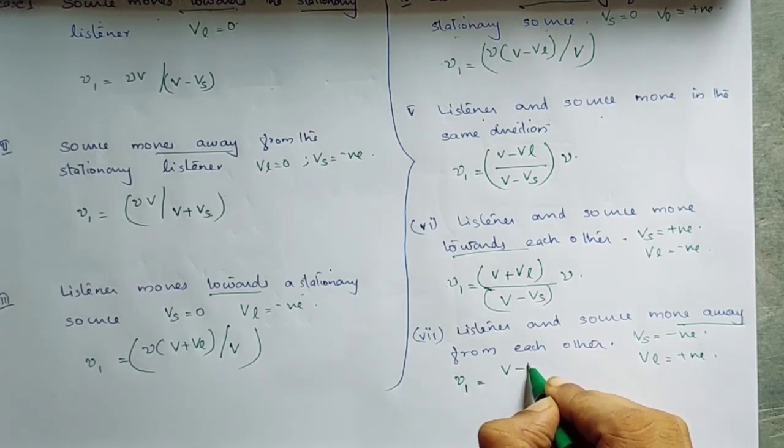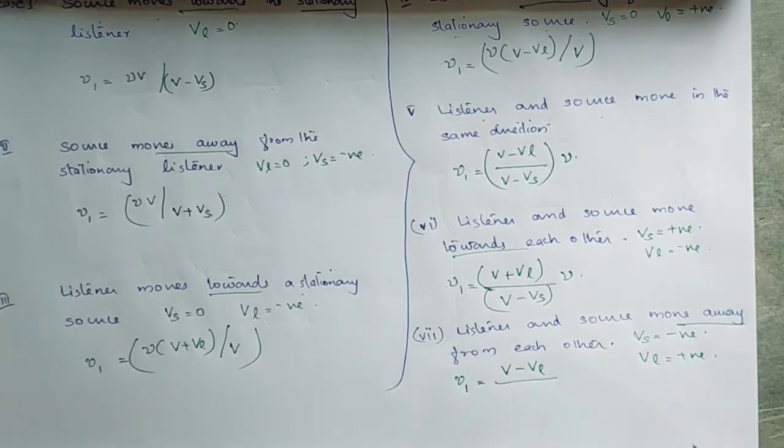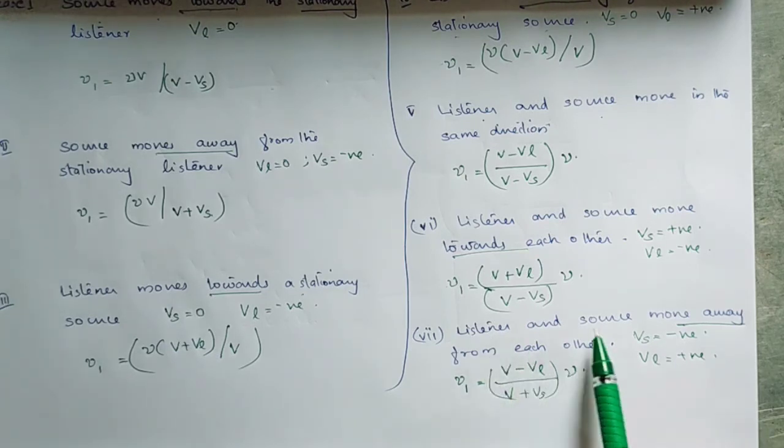V minus VL divided by V plus Vs, since Vs is negative. Okay, this is the apparent frequency for the case of the listener and source moving away from each other.